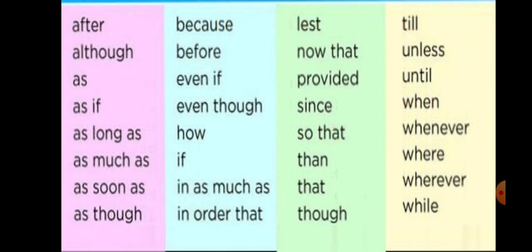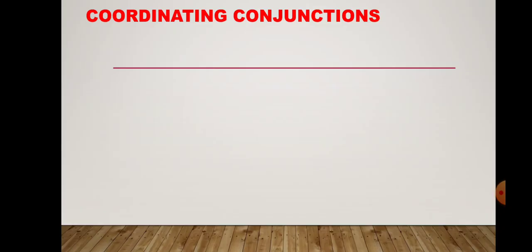Let's see the example. All these words that you can see, all these words are subordinating conjunctions that we use with a dependent clause to join with an independent clause. Next is coordinating conjunctions. What is a coordinating conjunction?